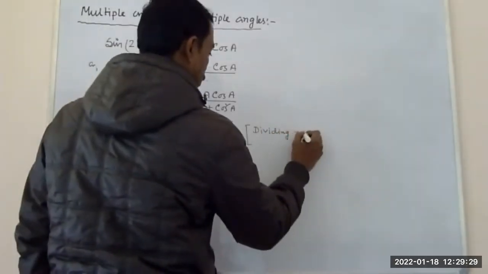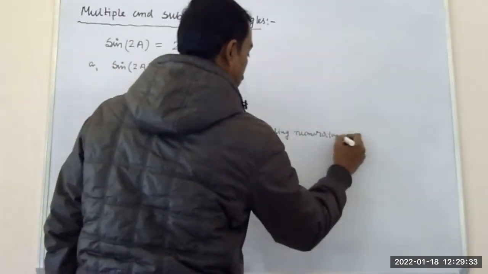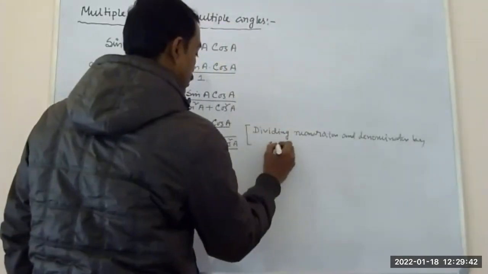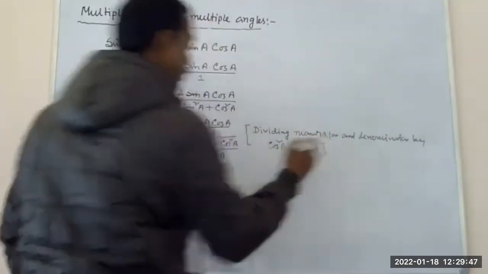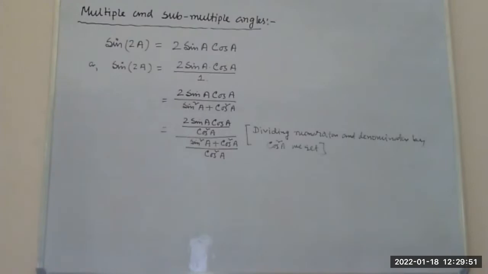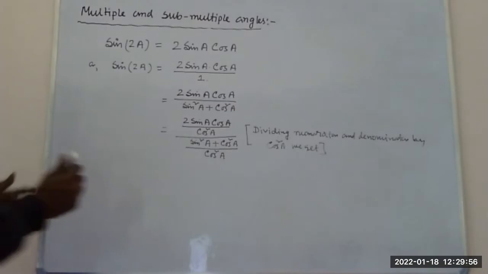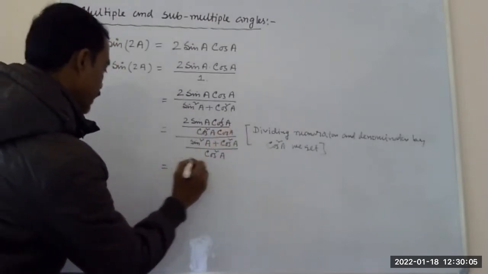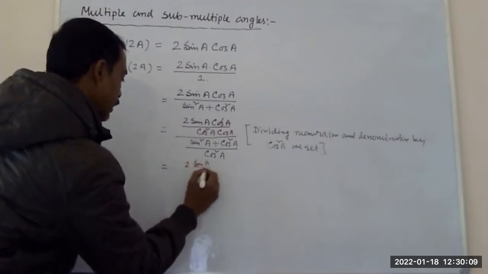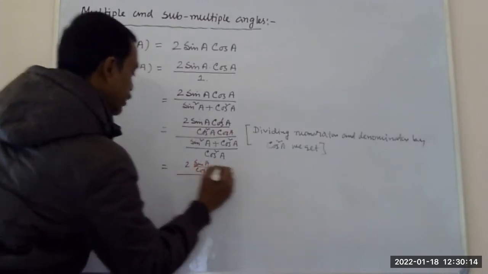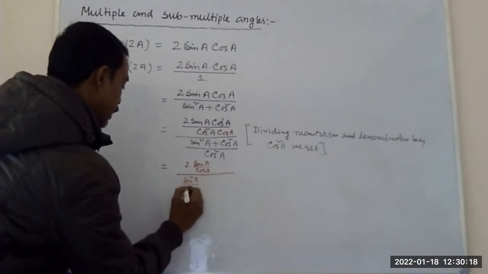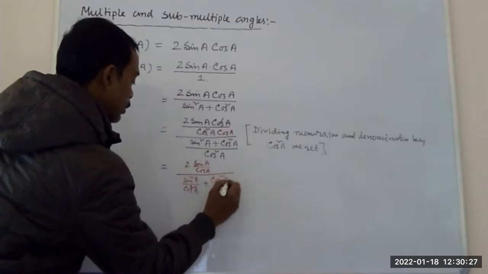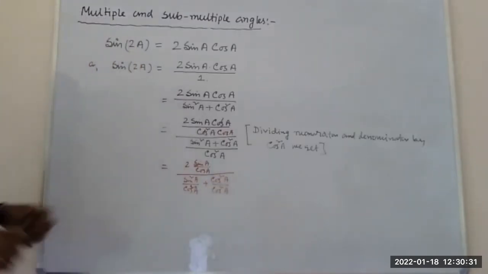We are dividing numerator and denominator both by cos square A. Now here one cos A cuts on the cos A. So it will be given that 2 sin A by cos A is the numerator, and denominator can be written as sin square A by cos square A plus cos square A by cos square A. Can you write this?